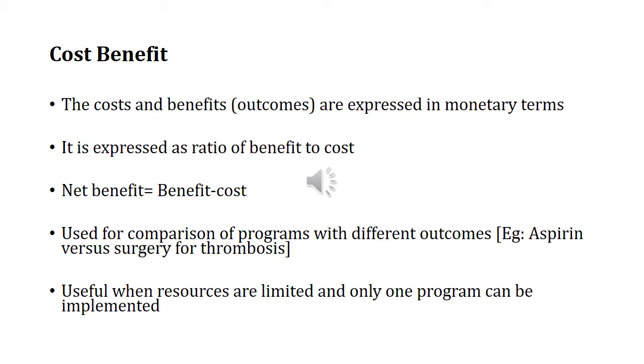Now this method is used especially for comparison of programs that have different outcomes, for example, aspirin versus surgery for treatment of deep vein thrombosis. This is useful when resources are limited and only one program can be implemented. So in such a case, this gives a very good comparison and helps us to select the most cost-effective program.